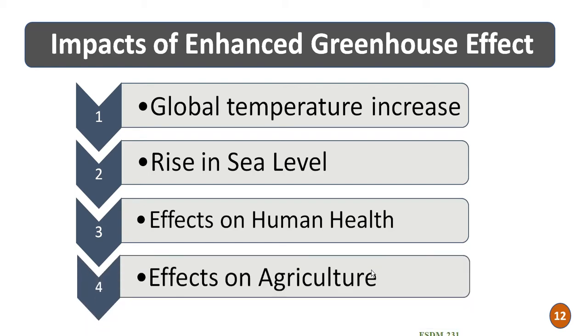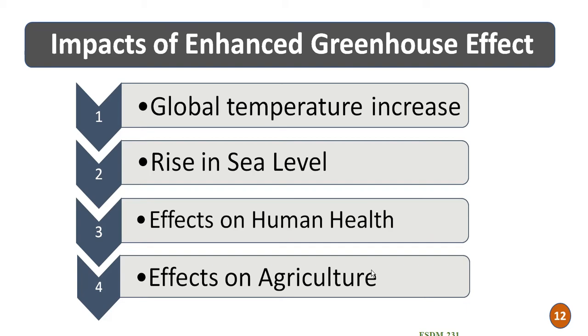Then effects on agriculture. Due to this greenhouse effect, the total agriculture is in question as the rainfall pattern is going to change and the availability of water is going to change.